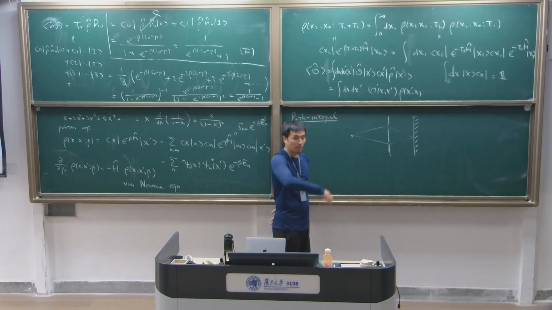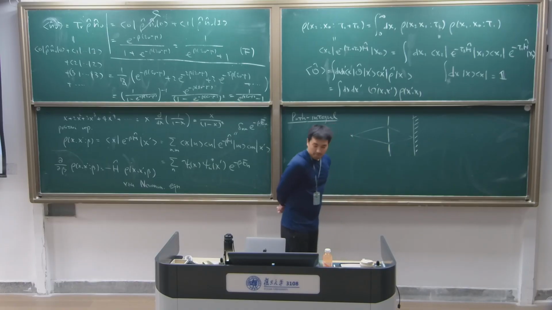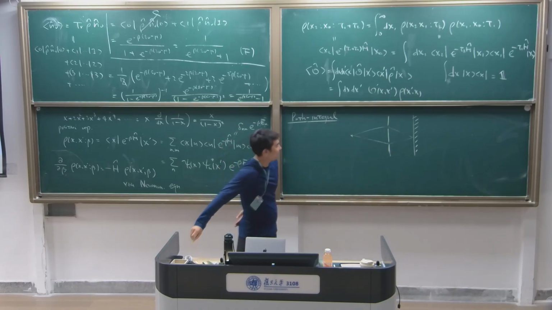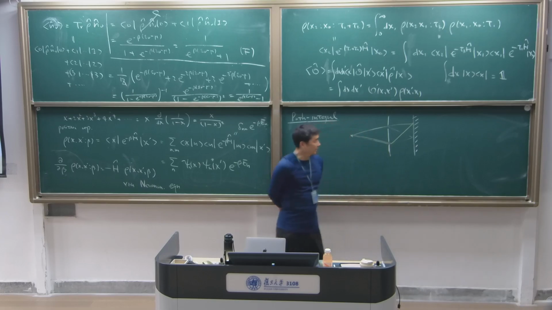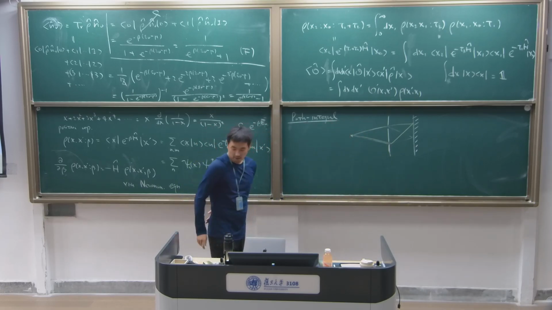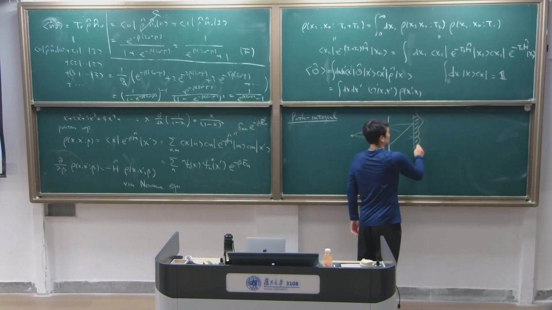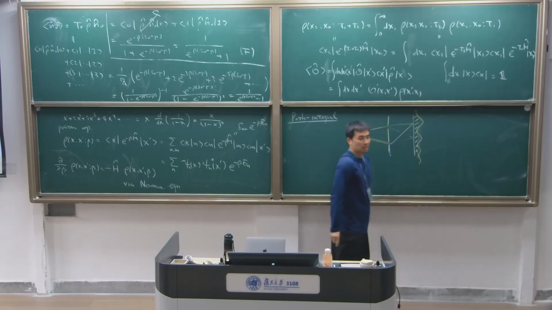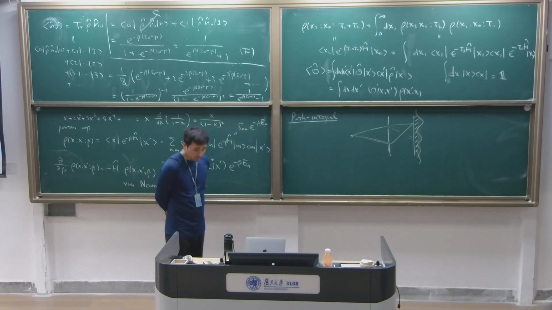If you have a superposition of the waves along the two paths, then you can always sum over all possible wave functions like this. This is what I call the double slit experiment. So this kind of pattern we'll see at the wall.